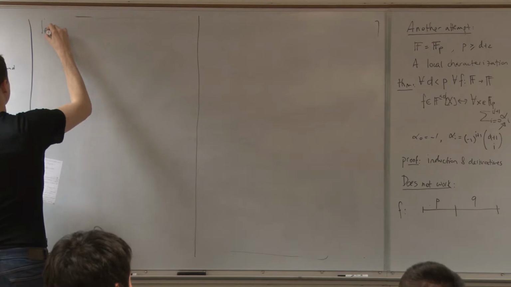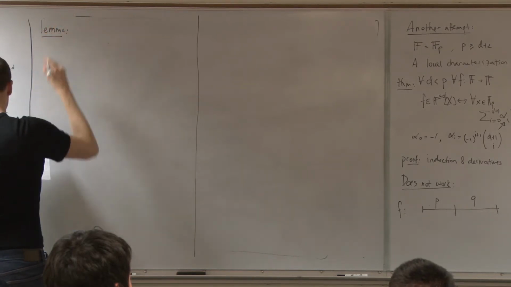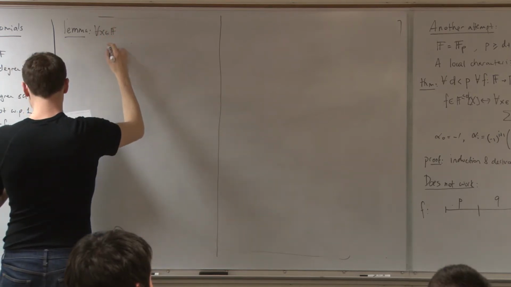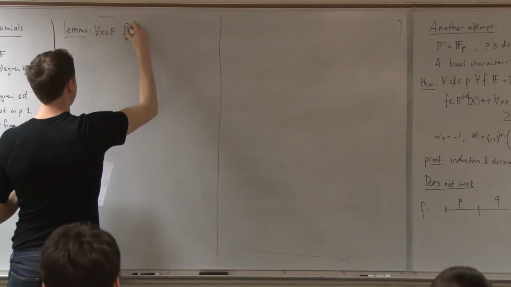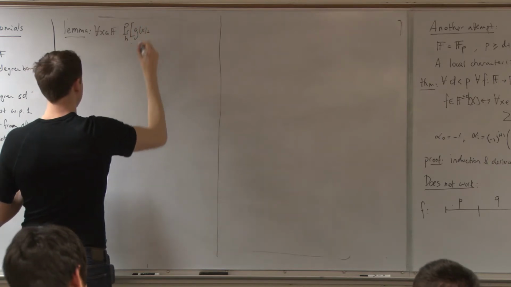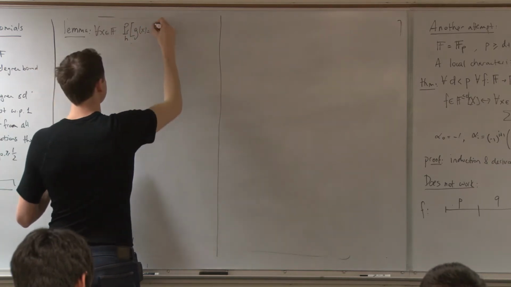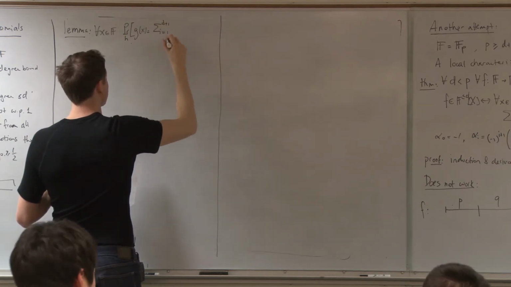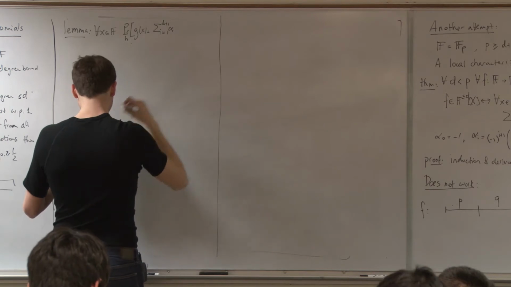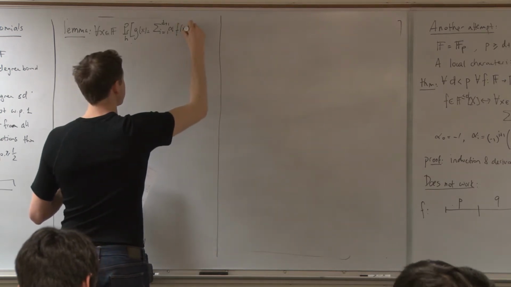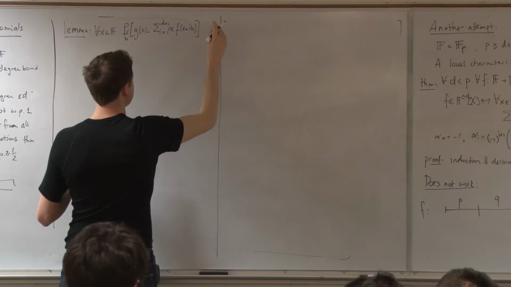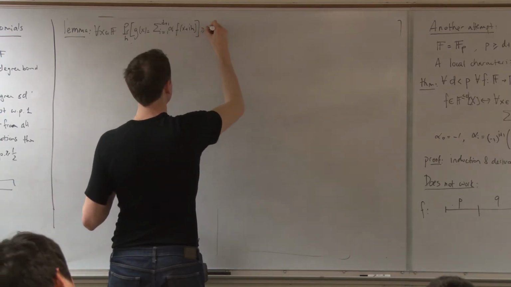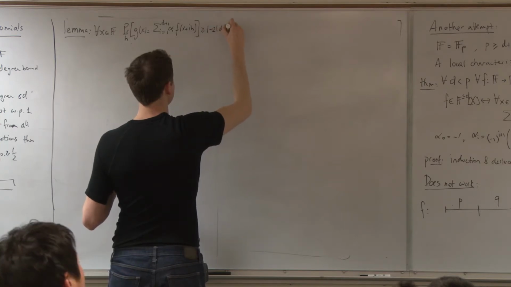Okay, so next lemma, we're going to prove that for every x, the probability over h that g of x equals the sum from i equals 1 to d plus 1 of alpha i f of x plus ih is at least 1 minus 2(d plus 1) epsilon.